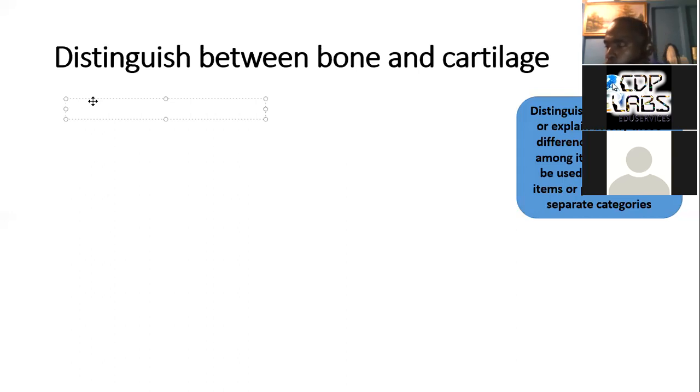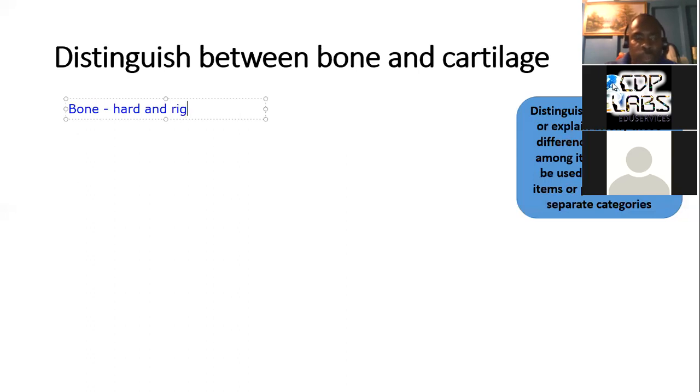If I say the bone is hard connective tissue made from a ground substance or matrix, and the cartilage is a flexible connective tissue with a smooth, glossy appearance. All right. So the bone is hard and what?